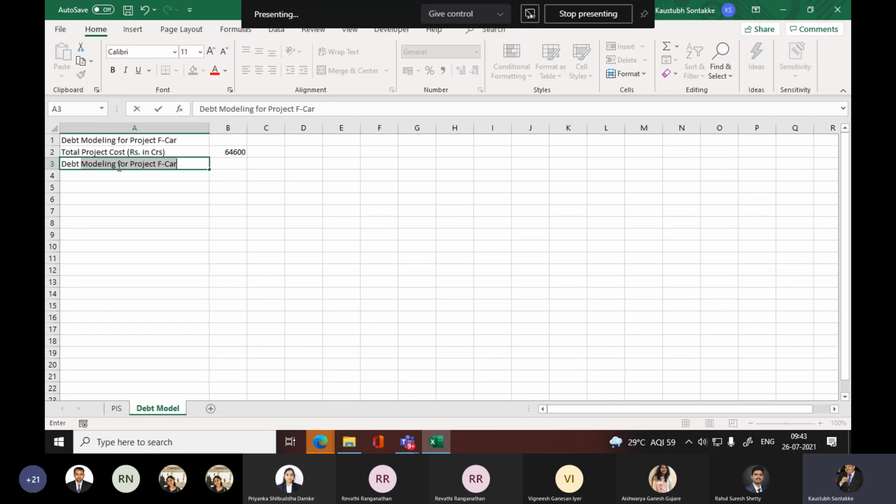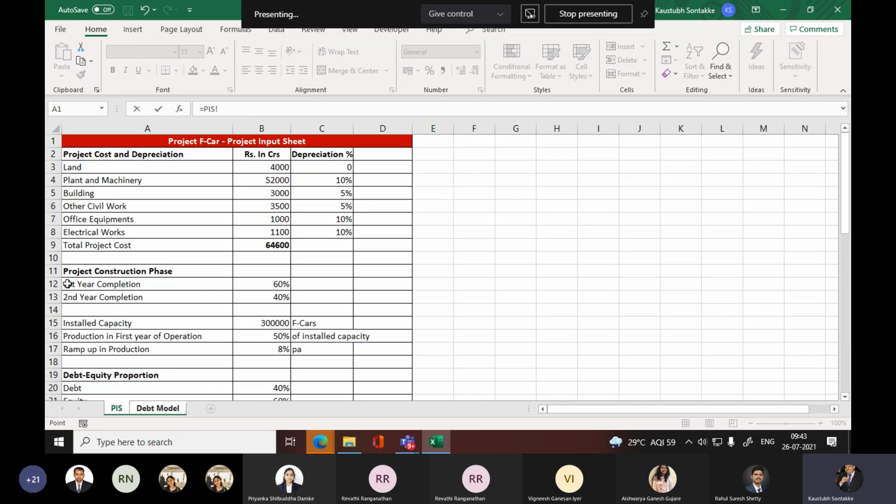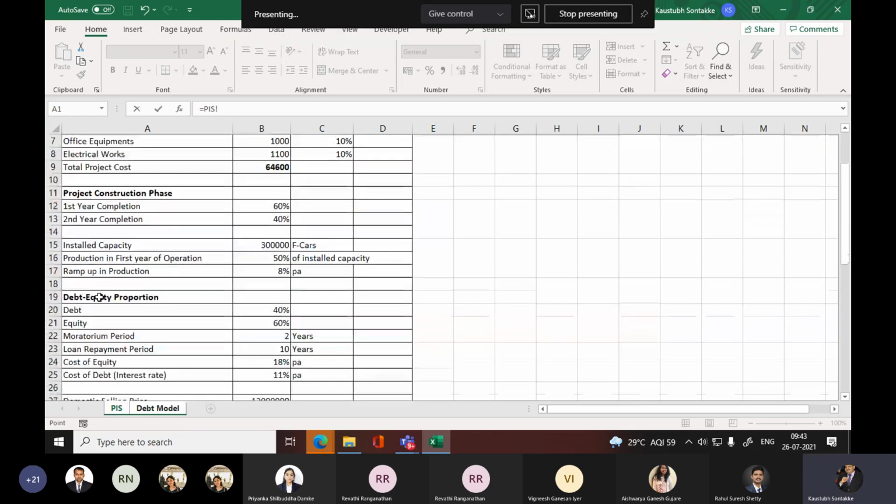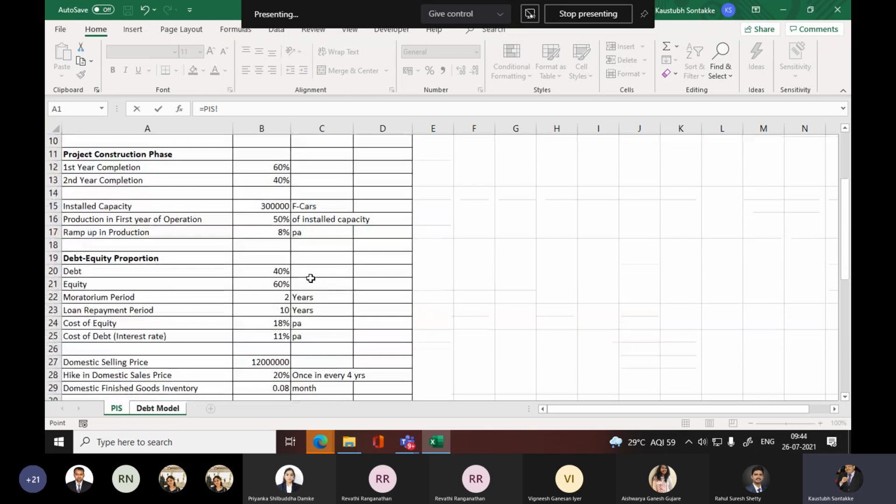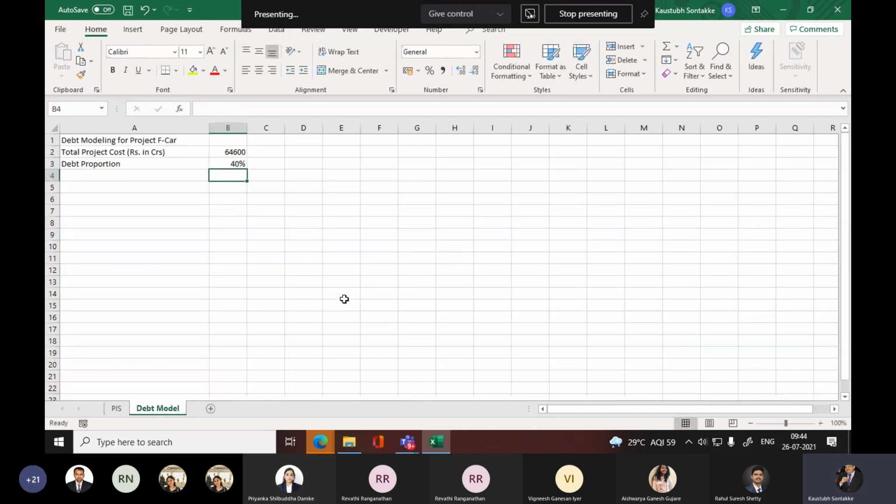Next you will write is debt proportion. Again say is equal to, take it from, you can see here debt equity proportion. In this you have debt 40%, so take this 40% cell and enter debt proportion.